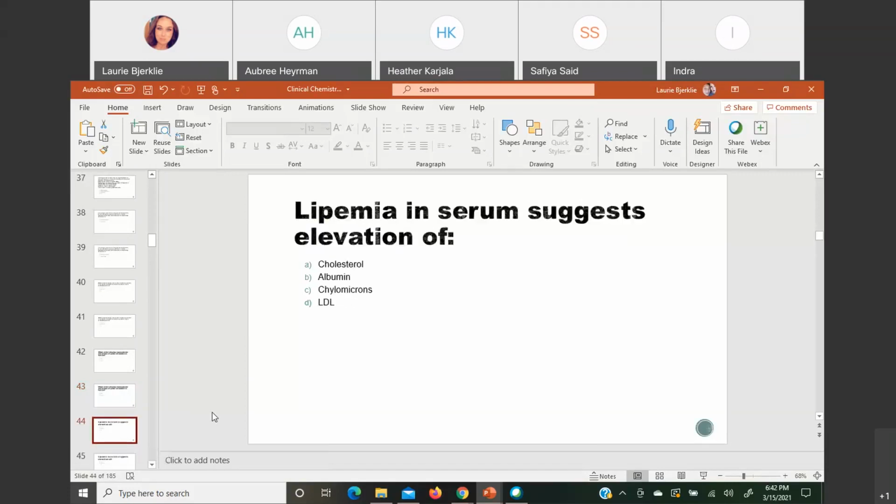Okay, lipemia in serum suggests an elevation of what?